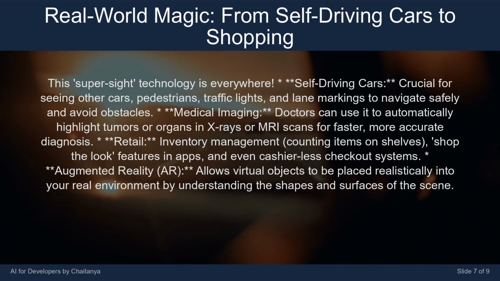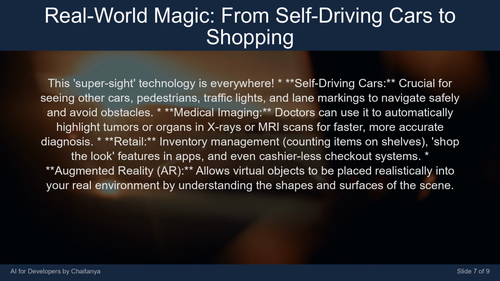Self-driving cars: crucial for seeing other cars, pedestrians, traffic lights, and lane markings to navigate safely and avoid obstacles. Medical imaging: doctors can use it to automatically highlight tumors or organs in X-rays or MRI scans for faster, more accurate diagnosis.